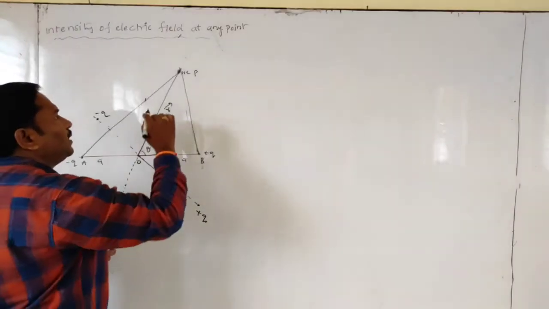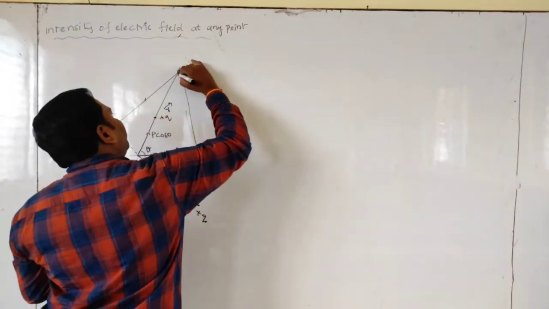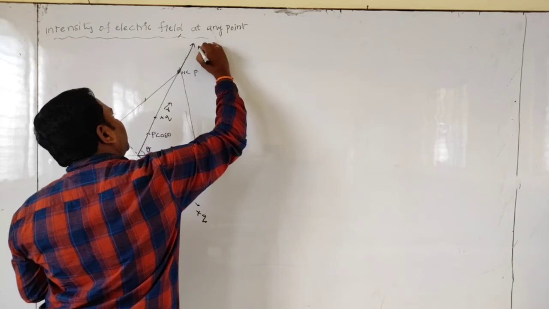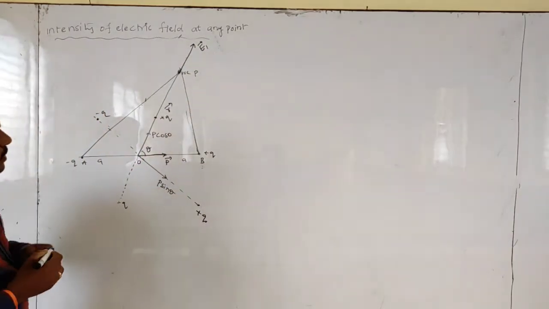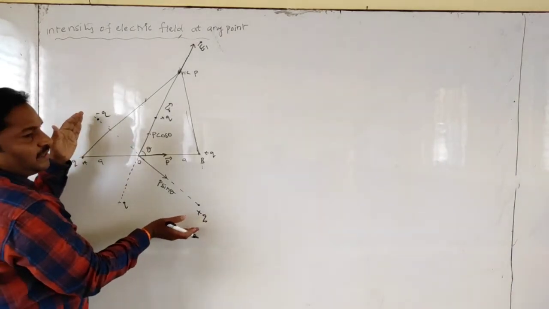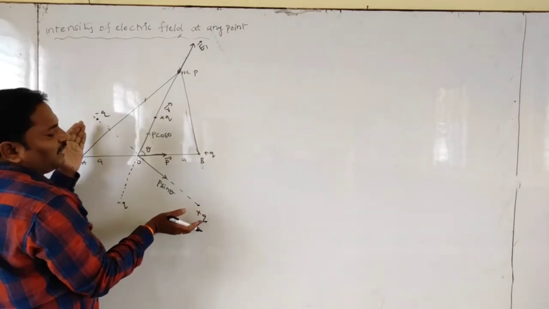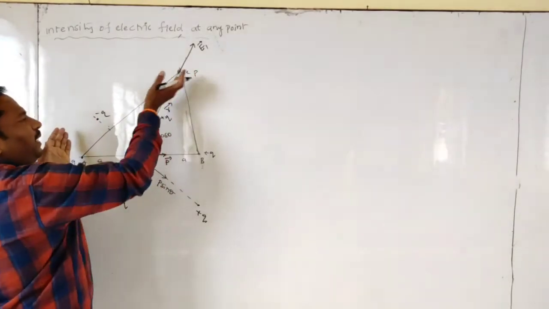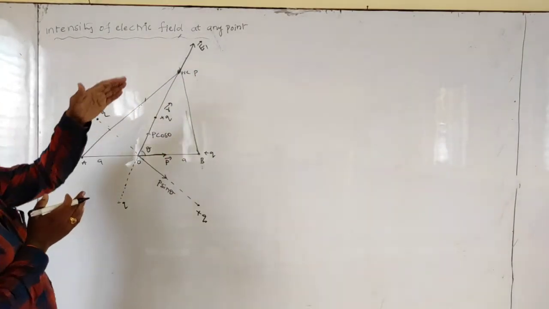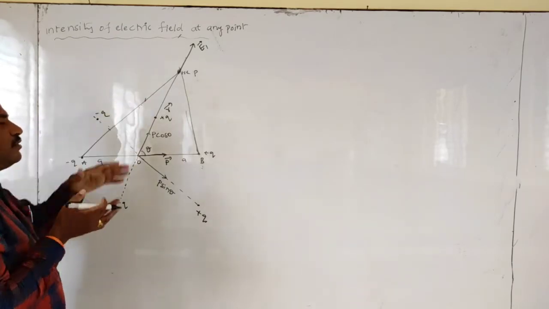On the axial line the net electric field is E1 bar in this direction. So for this other dipole, what is the net electric field? Point P appears as an equatorial line.